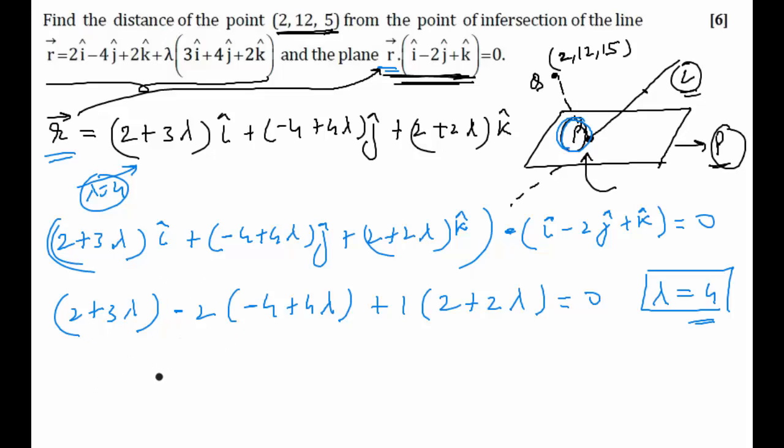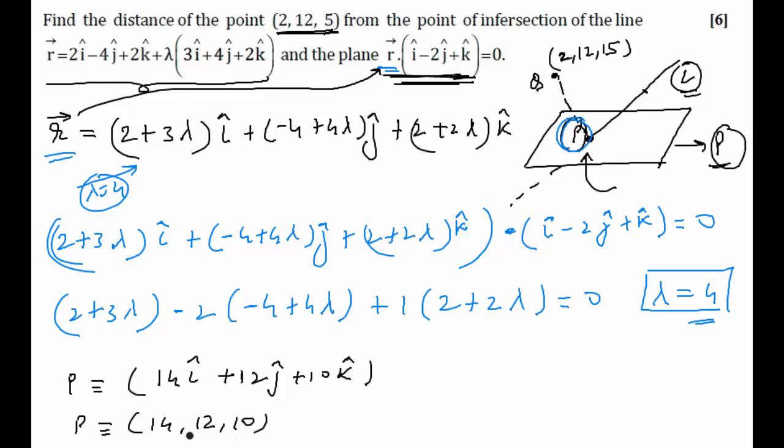So when you substitute lambda is equal to 4, you will get position vector of point P, and that will be given by 14 I cap plus 12 j cap plus 10 k cap, right? So now if this is the position vector of P, in terms of Cartesian coordinates, I can write the coordinate to be 14, 12, 10, right?